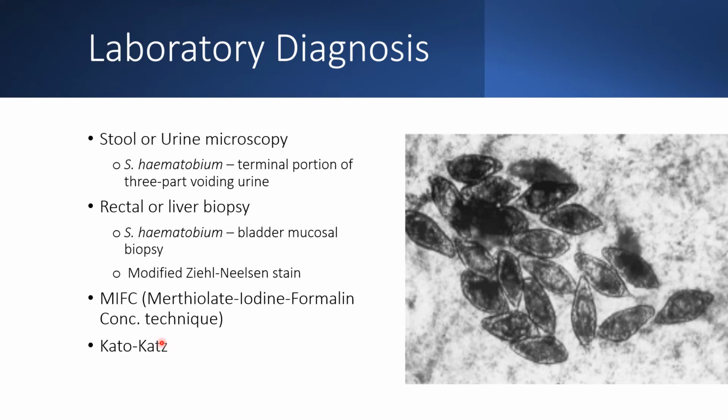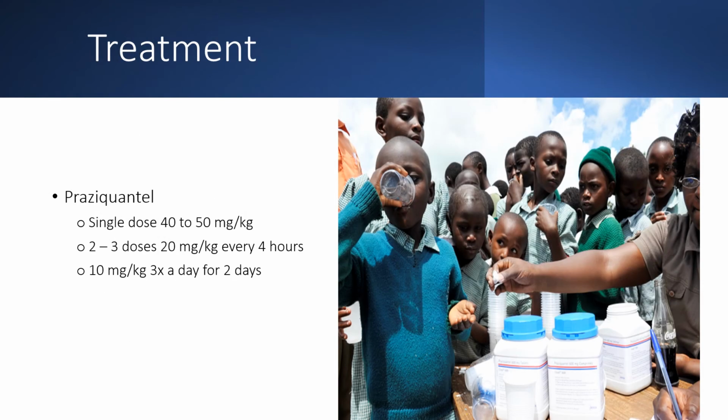It is done via the Kato-Katz thick smear technique. For the treatment, it is praziquantel, following this dose: 2 to 3 doses of 20 milligram per kilogram every 4 hours, and 10 milligram per kilogram for 2 days naman, so ga-follow kita sang proper regimen. Okay?